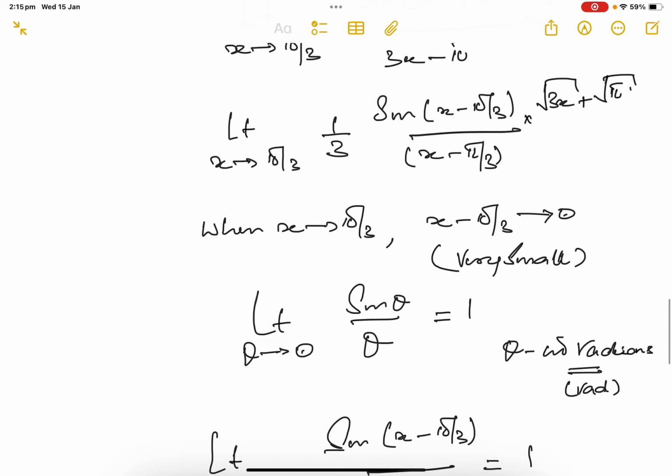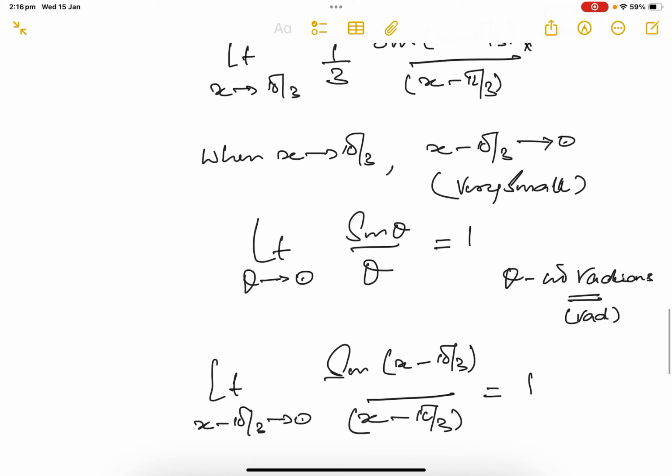If we look at it, we have sine of x minus pi over 3 and x minus pi over 3. As x tends to pi over 3, that means x minus pi over 3 tends to 0, so it is very small.